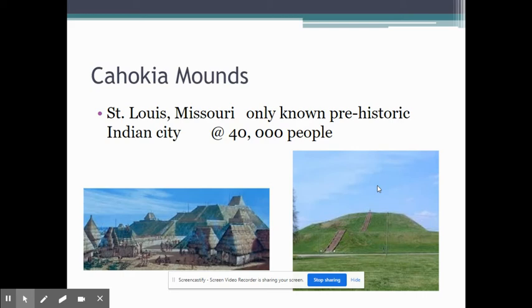But what we do know about Cahokia Mounds is that it was probably the largest city in North America long before Columbus and the Spanish arrived to the New World. It is estimated by what they have found that there may have been as many as 40,000 people that lived there at one time.